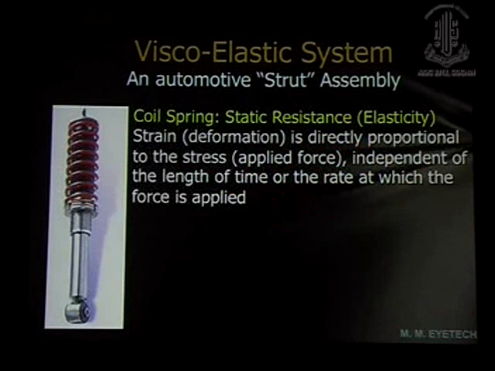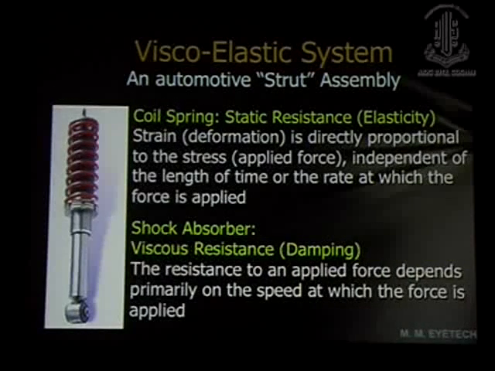That means if you press a spring, the resistance is independent of the speed at which the force is being applied. But when you talk about viscous damping, the resistance to an applied force depends primarily on the speed at which the force is applied. So the faster you apply the force, the more is the damping effect.